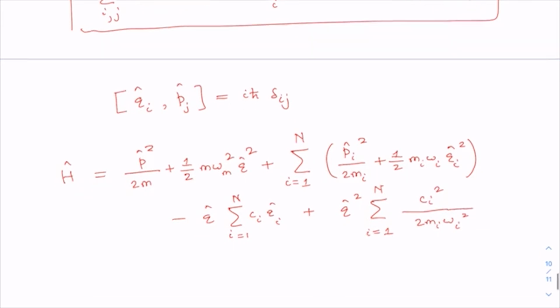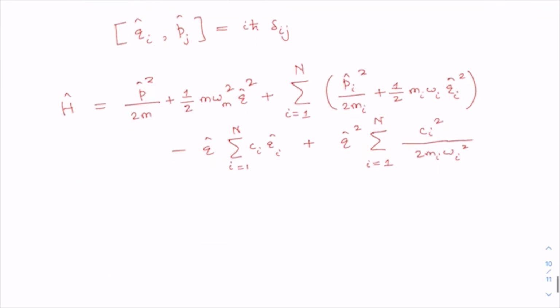Now using the Heisenberg equation of motion, we again get an equation of this form, exactly the classical equation, but now in operator form: m q double dot plus m omega m square q plus m gamma m q dot is equal to the Langevin noise. Now this Langevin noise term is an operator.